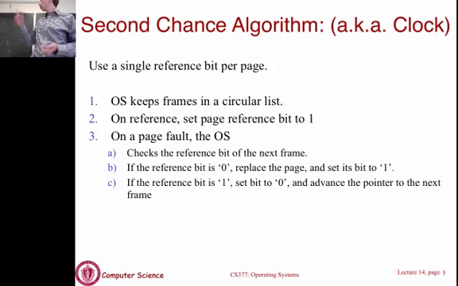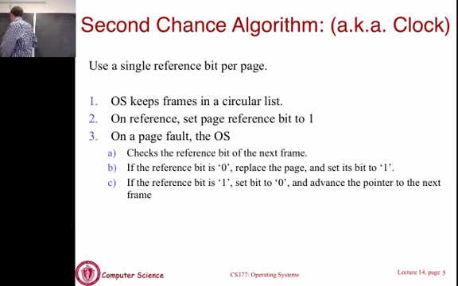And so we're basically going to start going around this list. So this is sort of like a clock, where we're basically going to go around the list looking for a page with a reference bit of 0. Right? So if this is the first one we check, then this is a reference bit of 0, meaning we haven't recently used it, so we're going to throw it out and bring in a new one.